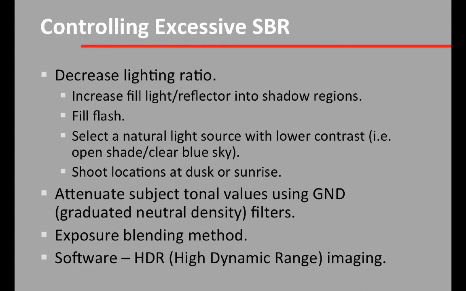And the last option to control excessive subject brightness range is using a software tool called high dynamic range imaging, which is similar to exposure blending, but the actual software does it automatically. In exposure blending, we do it manually in our image processing. But with high dynamic range imaging, you can do it automatically.